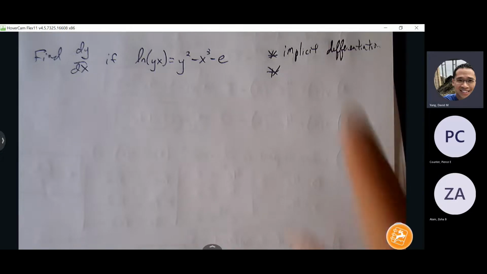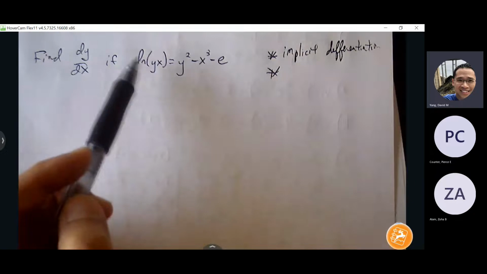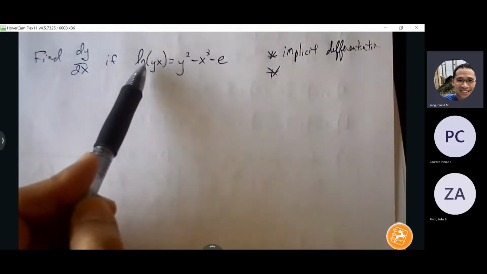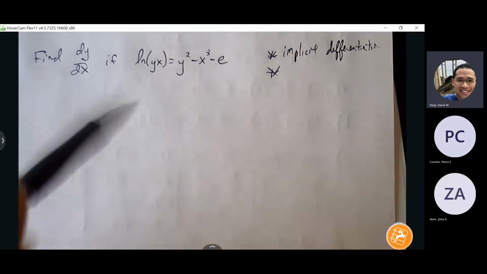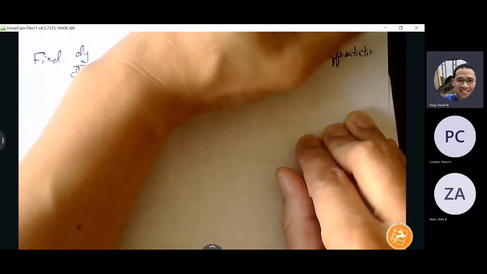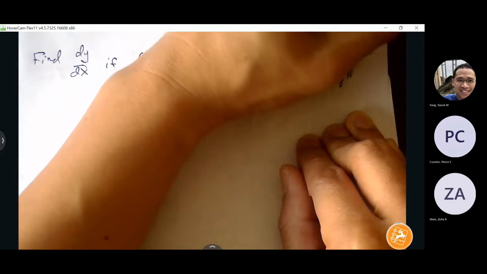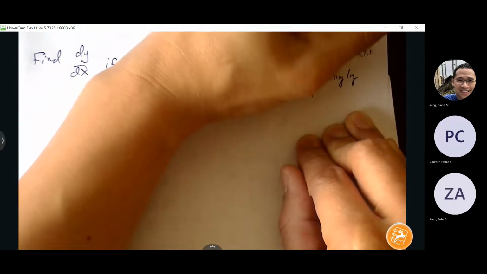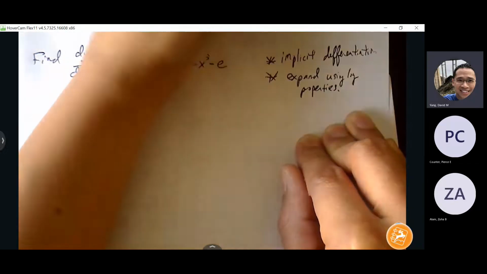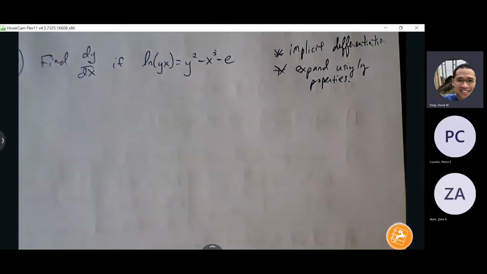That natural log of xy. I'd prefer not to do the derivative with this expression, right? If I can split that up, and I can, because I can expand log properties, that will help me a great deal. So I don't have to work in a much more complicated derivative rule.